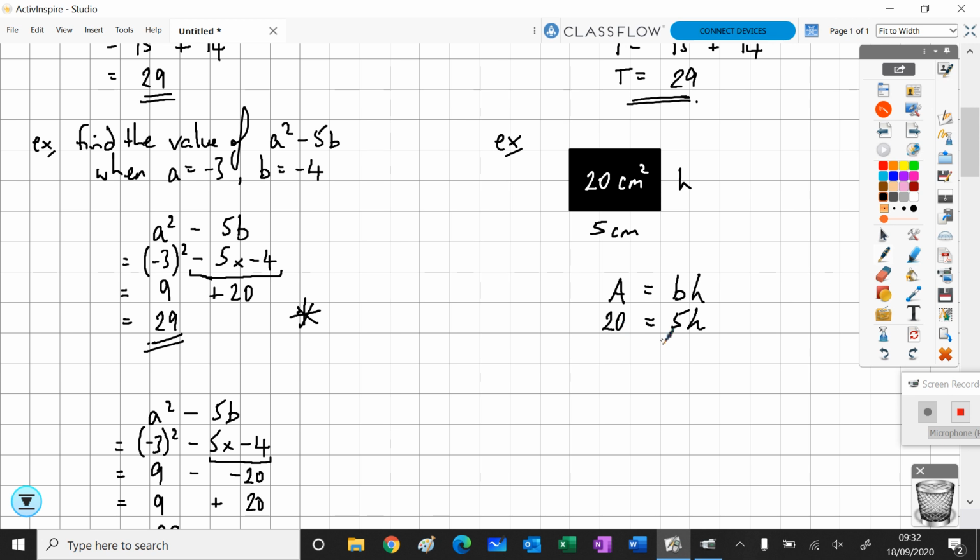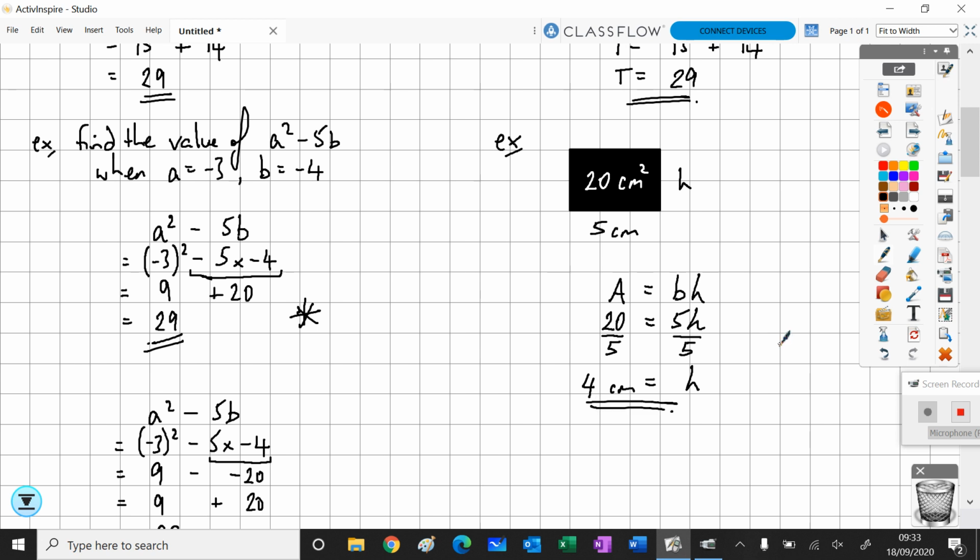We're just looking at substitution. But if we do continue it further on, 5 times h, we want to know what h is, so we do the opposite. It's being multiplied by 5, we divide it by 5. And we do the same to both sides of the equation. So h, one single h, equals 4 centimetres.